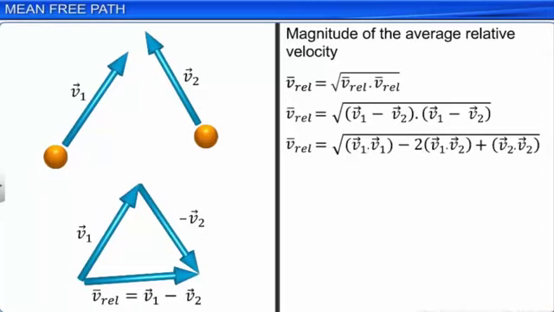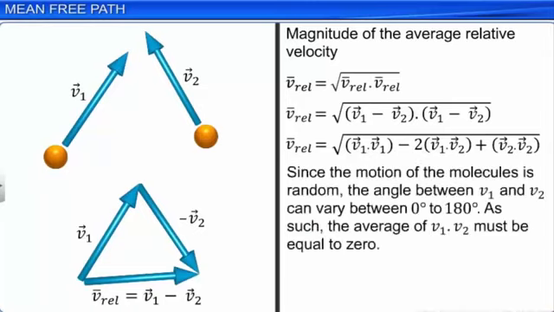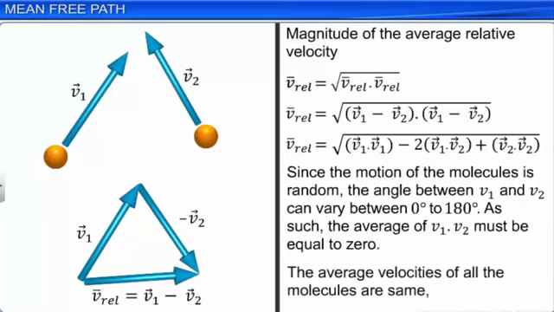Since the motion of the molecules is random, the angle between v1 and v2 can vary between 0 degrees and 180 degrees. As such, the average of v1 dot v2 must be equal to 0. If we assume that the average velocities of all the molecules are the same, then v1 is equal to v2 is equal to v bar.